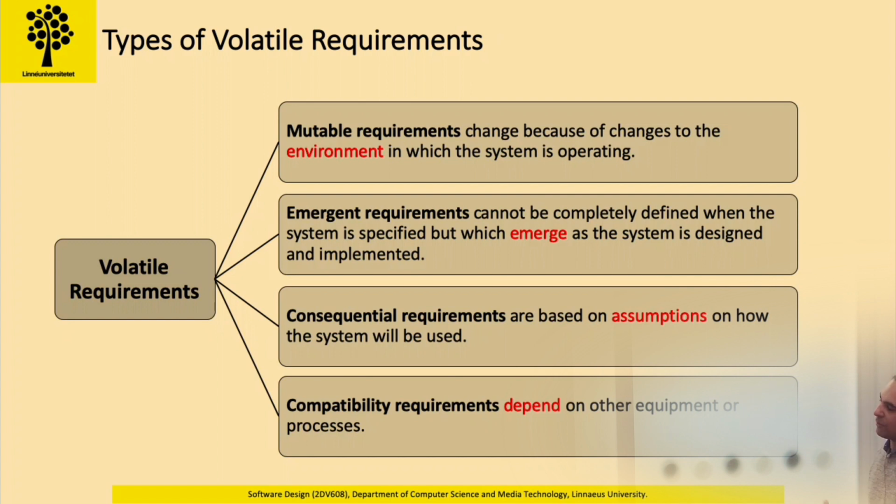So if you update your hardware or software, the requirements might also need to evolve. It's not your fault, it's not a problem with the requirements, but those changes are natural. So you need to evolve those requirements as well, and they are known as mutable requirements. So this is more natural volatility of the requirements.